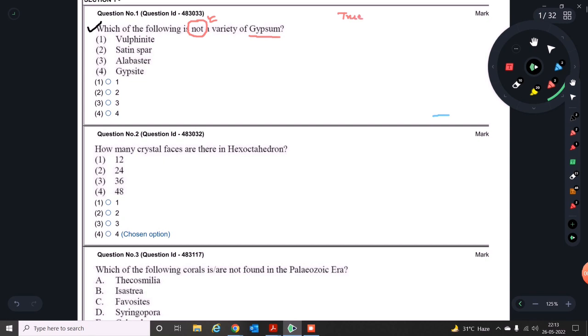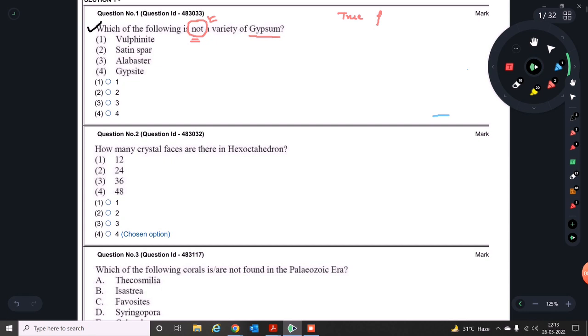Always focus on parts if it is asking true or false, or if it is asking not, is there or not. Like which of the following is not a variety. So always focus on these parts. Never get your question wrong by not focusing on these. So this is what you all need to do. You need to be wary of.